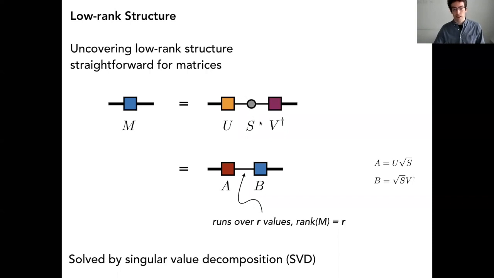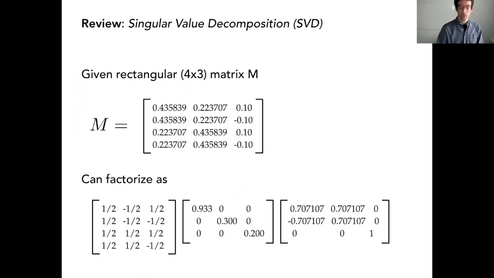It will have zeros on the diagonal, and so we can just truncate those away. We'll find that this new index between A and B runs over a smaller number of values R, and that's the rank of M. So if M was a 100 by 100 matrix, this index here may only be of size 4 or something like that. So it'd be a rank 4 matrix, even though it's in a 100 by 100 space. I probably said some things wrong mathematically there, but I think you know the idea.